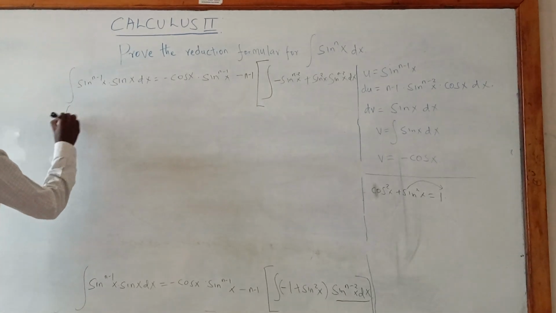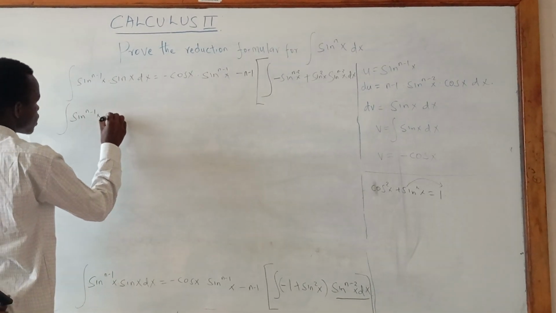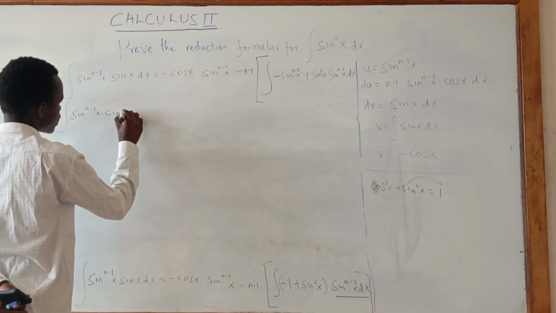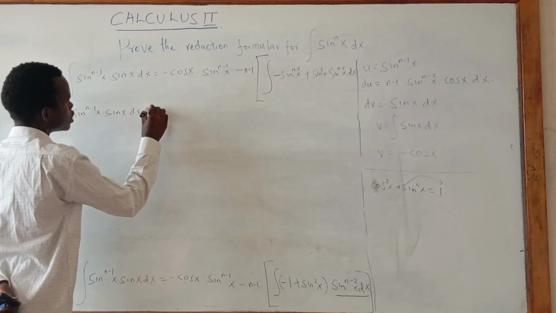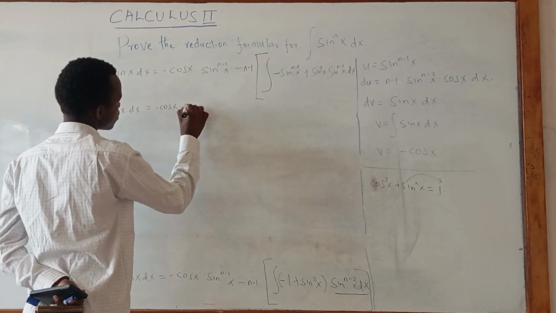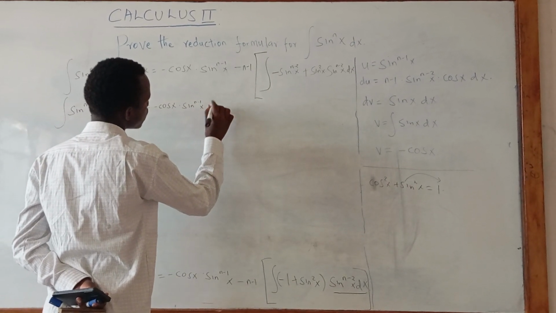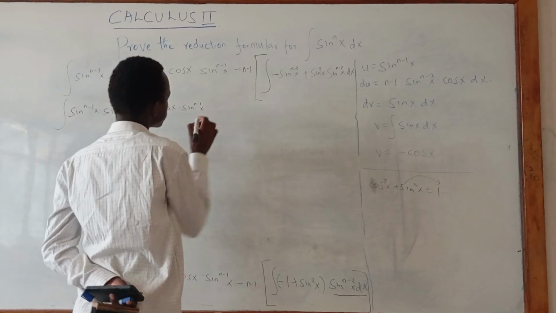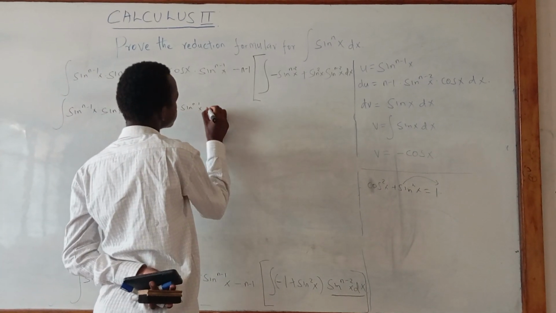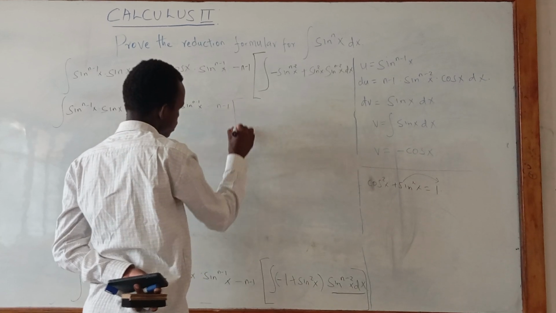From here, let's split the integral into two. So we'll get the integral of sin^(n-1)(x) multiplied by sin(x) dx equal to negative cos(x) multiplied by sin^(n-1)(x). Let's split into two integrals, minus (n-1), the larger bracket.